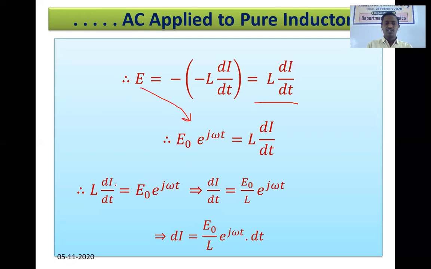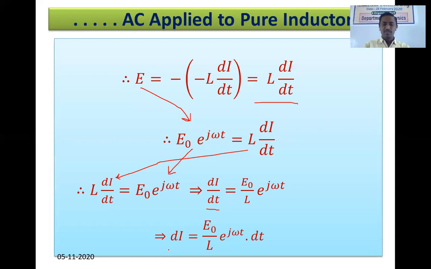Now interchange the LHS and RHS of this equation. Put L di by dt on the LHS and E0 e to the power j omega t on the RHS. Send this L to the denominator on the right-hand side. So the equation becomes di by dt equals E0 upon L into e to the power j omega t.